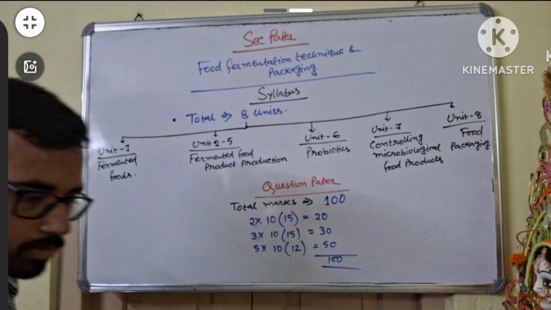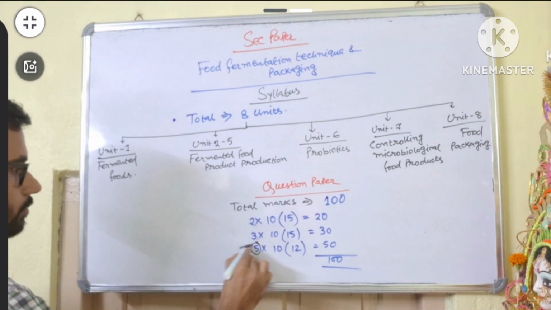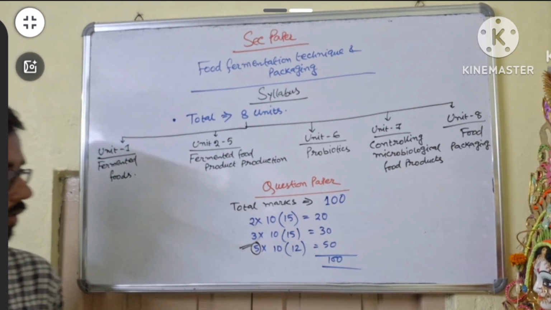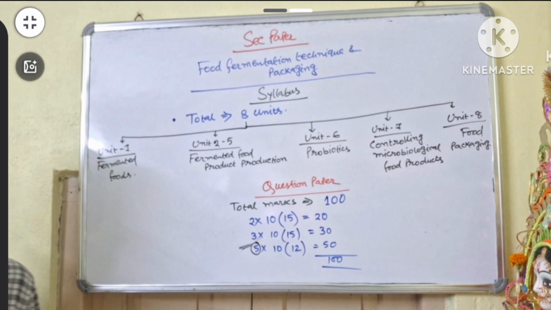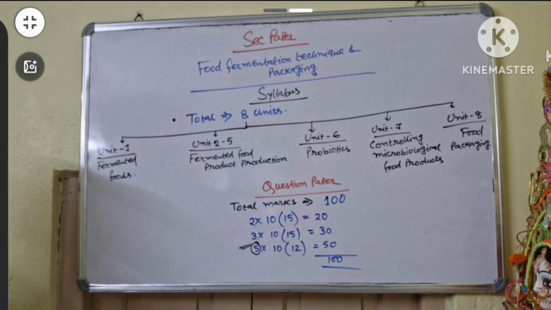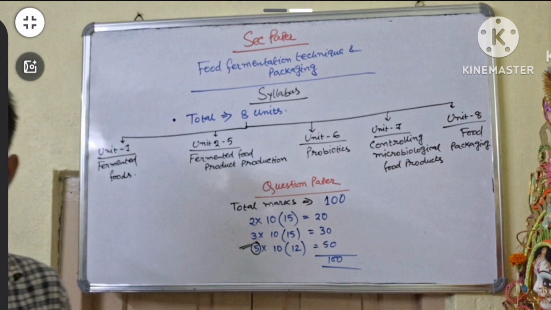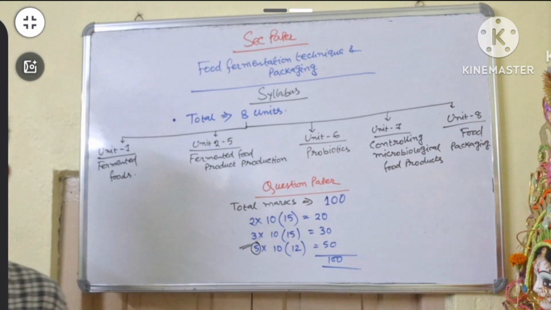Questions are 2 marks, 3 marks, and 5 marks. The highest awarded marks is 5. Sometimes a total of 12 questions are given and 10 have to be answered. The option comes in 5 marks. The time is 3 hours, or 2 hours.